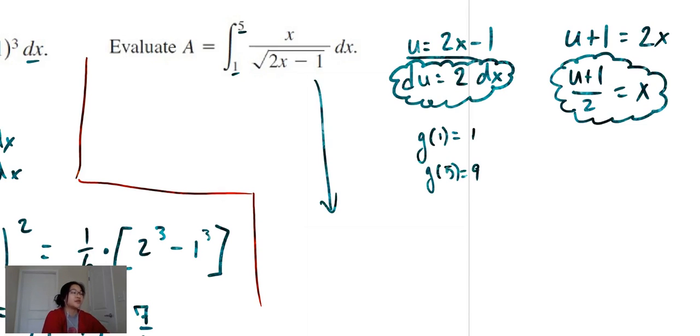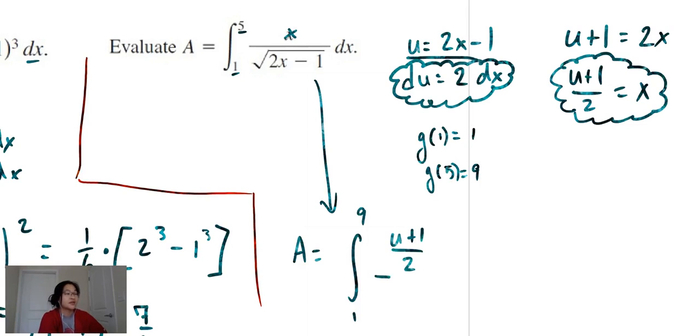So we have A equals the integral from 1 to 9 of, let's see, we have x in our numerator that we're going to substitute with u plus 1 over 2. And then in our denominator, we have root u. And then we have dx, so that's 1/2 du.